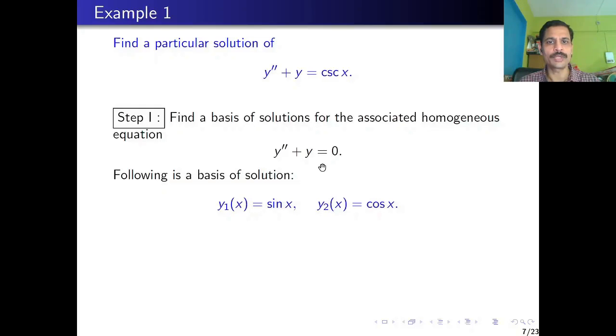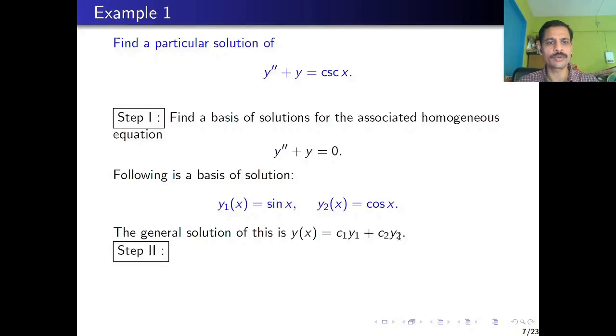We get the roots plus minus i, and so we get a basis of solutions of the homogeneous ODE: y1(x) is equal to sin x and y2(x) is equal to cos x. So the general solution of the homogeneous ODE is c1y1 plus c2y2.